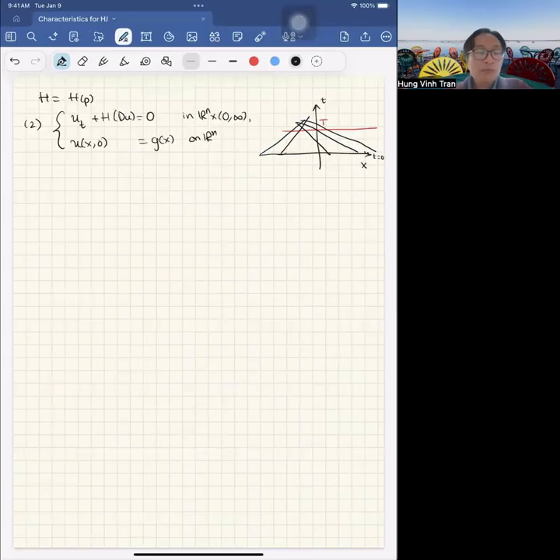Okay, let me see. Maybe it's best if I write down exactly the theorem right away, and then I'll give you a proof. So this is the theorem of the day. Theorem.